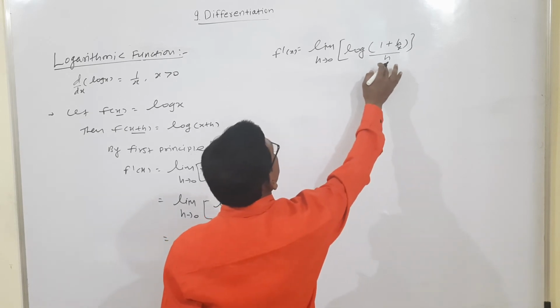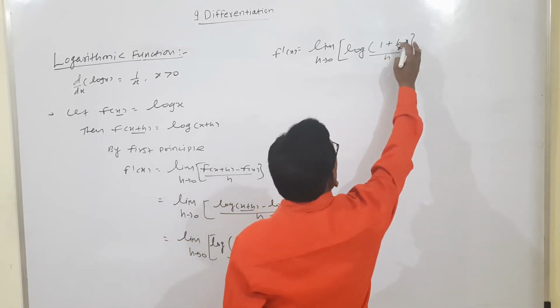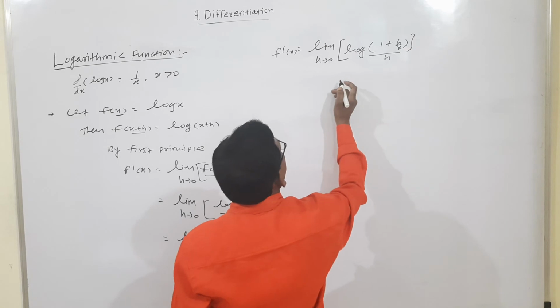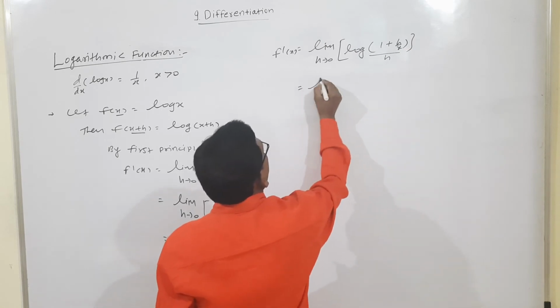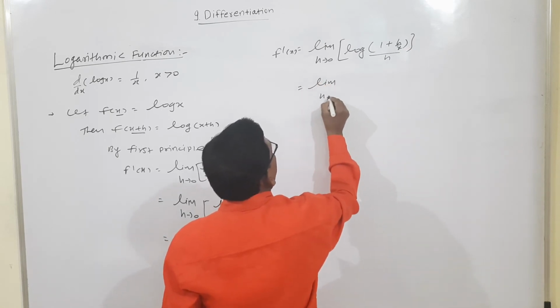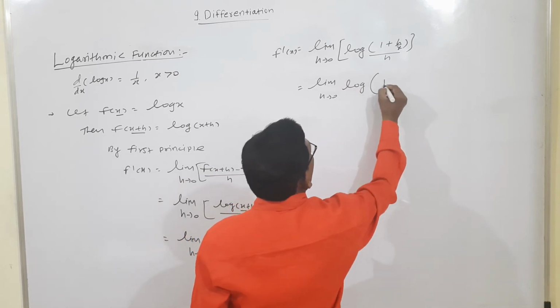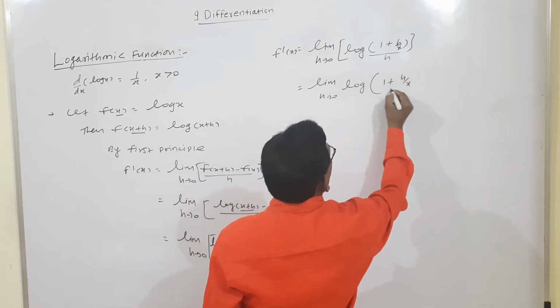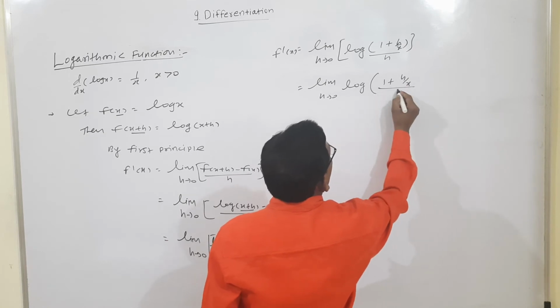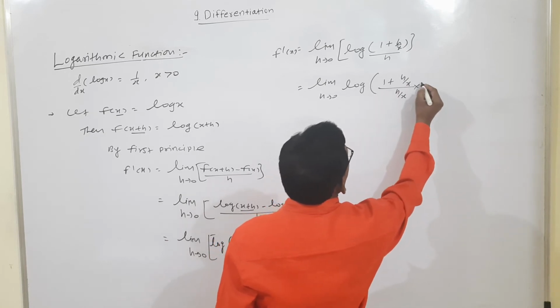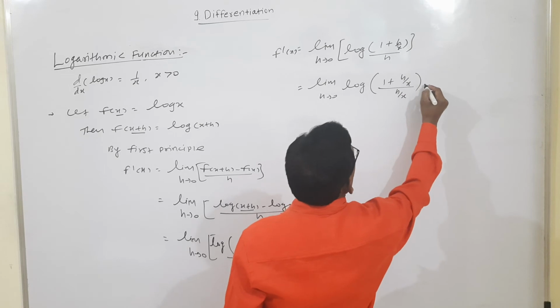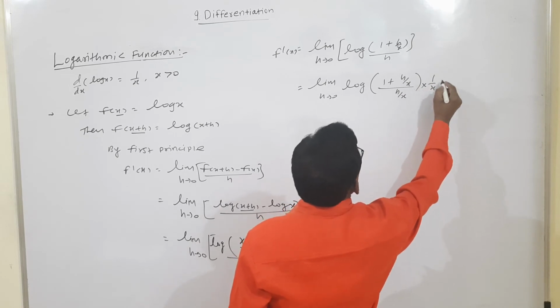So here we adjust h by x. It gives limit as h tends to 0 of log of 1 plus h by x upon h by x. We adjust here 1 by x into 1 by x.